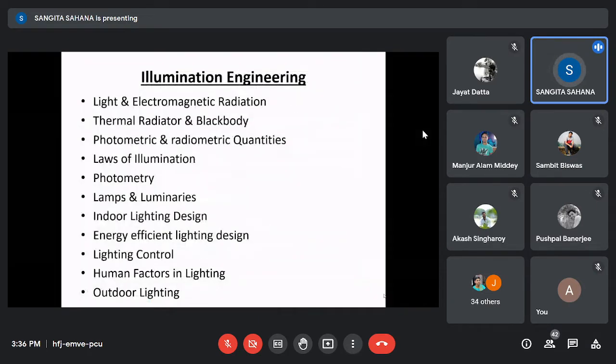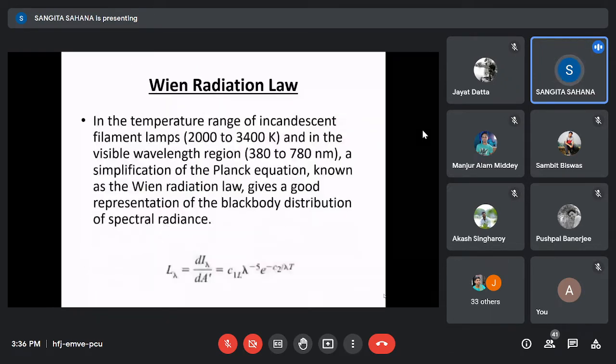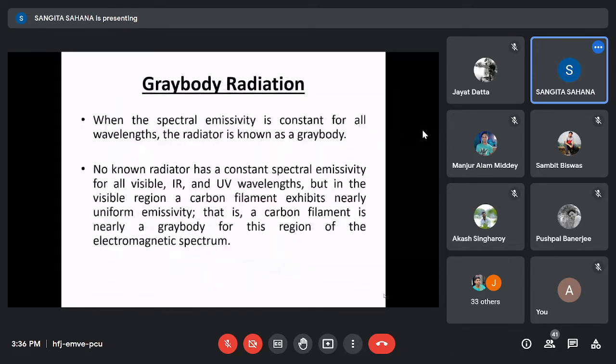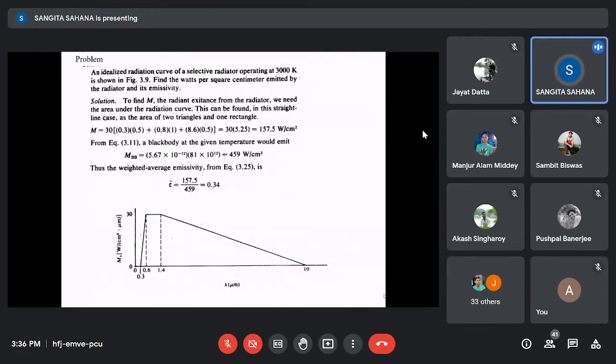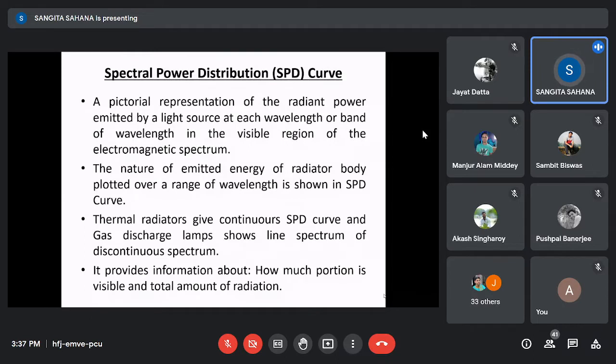Okay, so last day we discussed some basics of illumination engineering, like what is electromagnetic radiation, the visible wavelengths, the black body and black body laws, etc. These were a few radiators and one numerical problem was there. So then we discussed the spectral power distribution curve of any radiator.